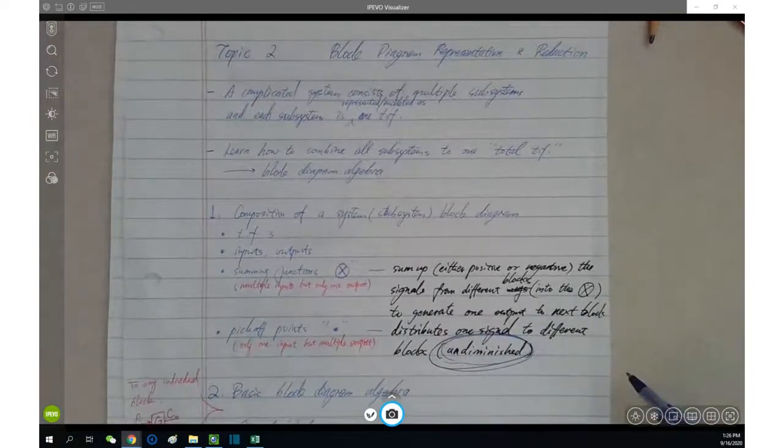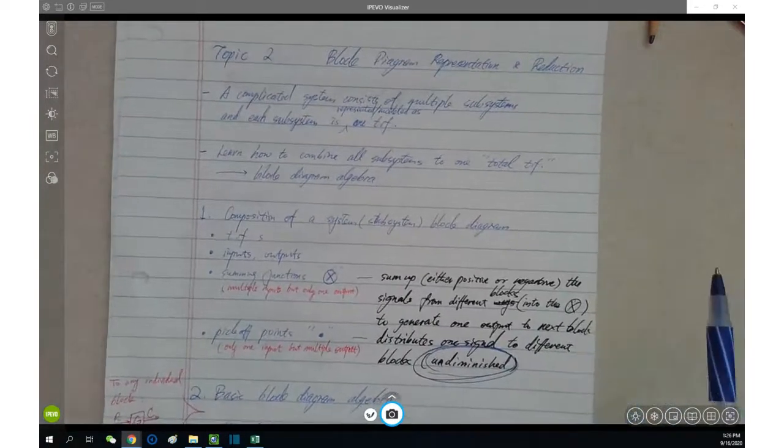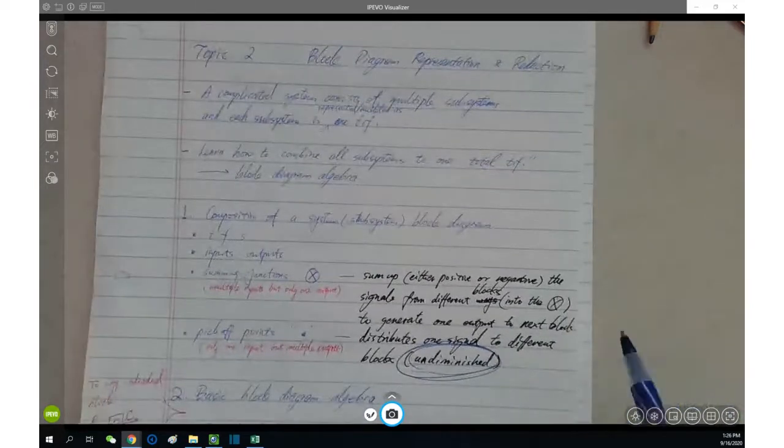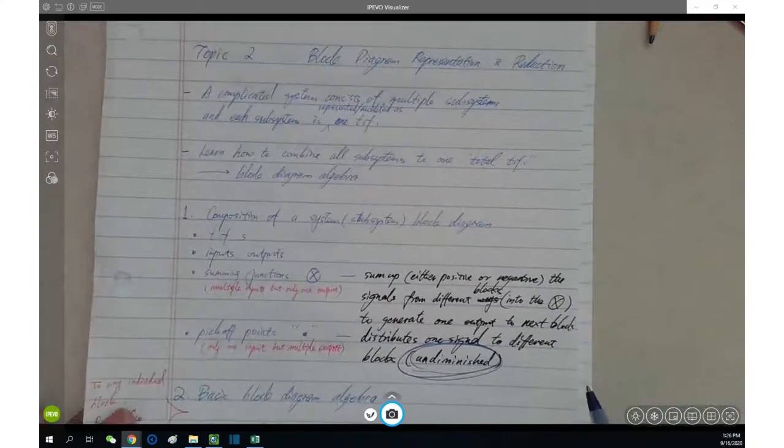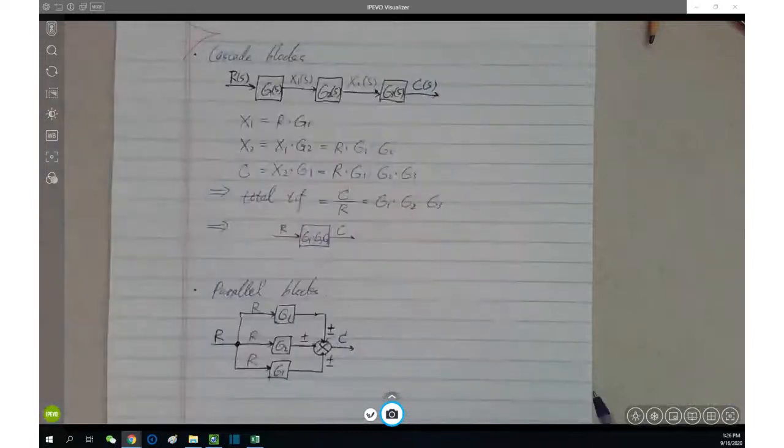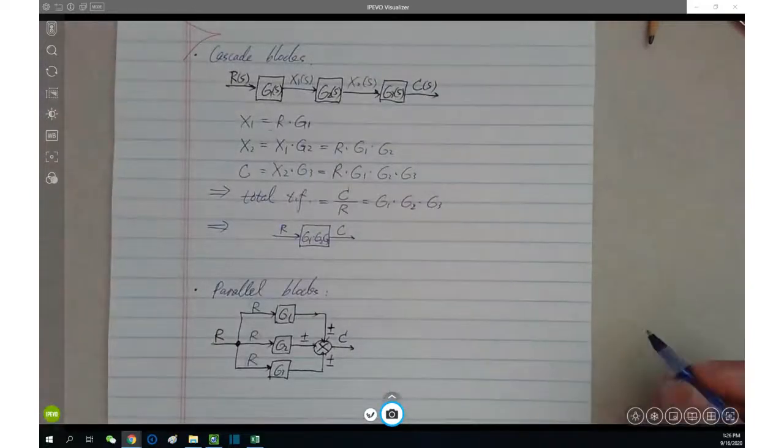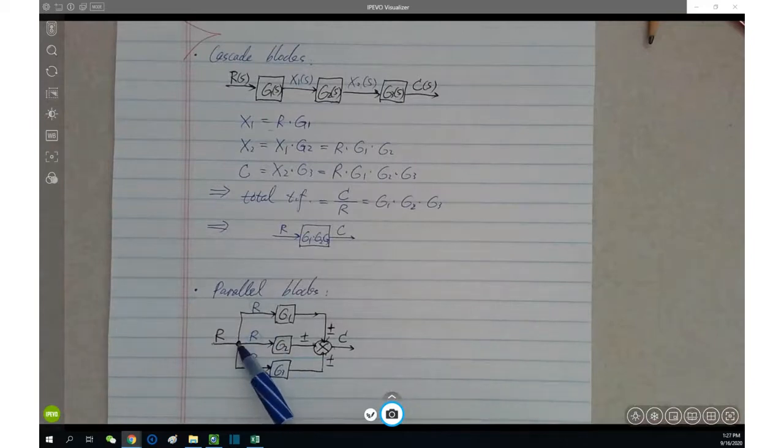So here, the definition, or say the instruction, of this pick-off point is clearly telling us it's undiminished, that after this pick-off point the signals remain the same as the input, R and R. Very good, very, very good. Noah is right. Great.